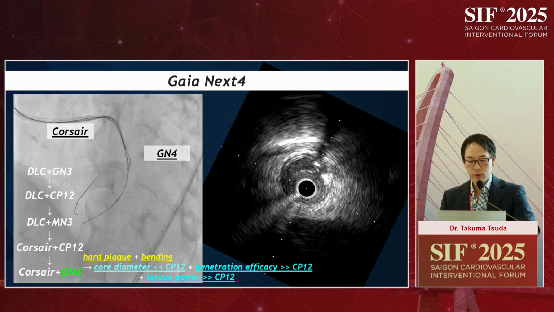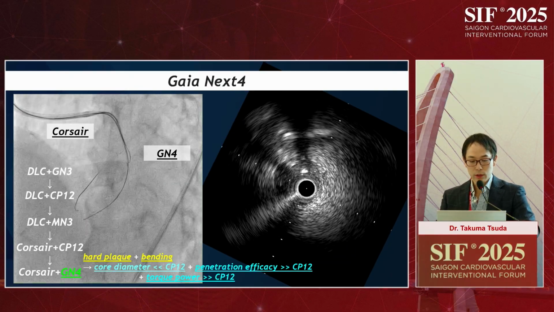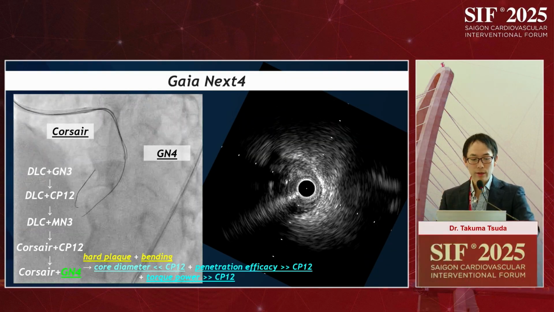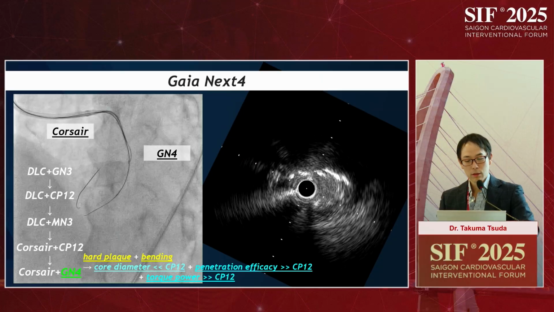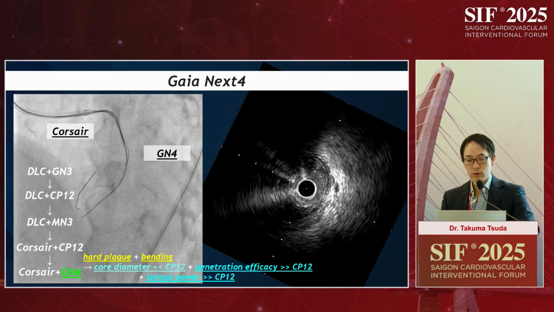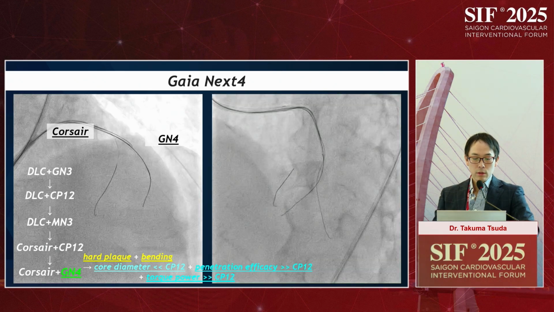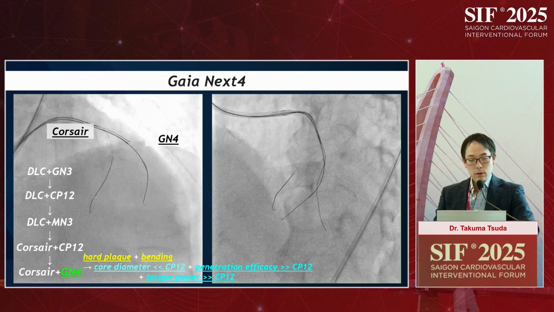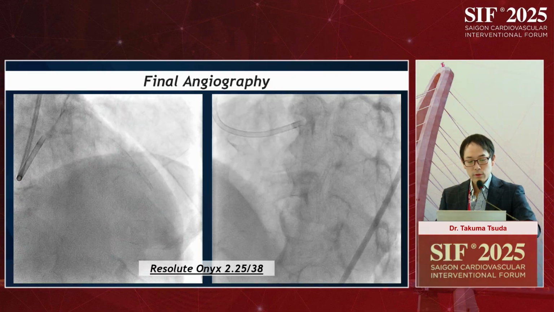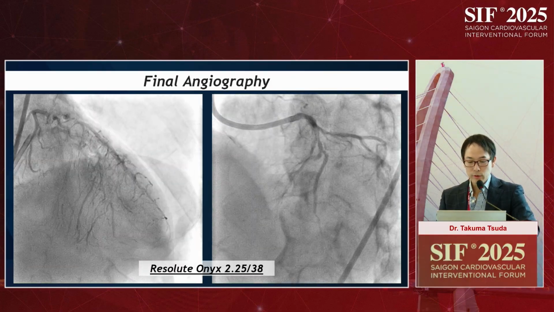By using the Gynex 4, as you know, the tip direction was well controlled to the inner side. Okay, like this one. And finally it punctured into the true lumen. Okay, so finally the stent was implanted.